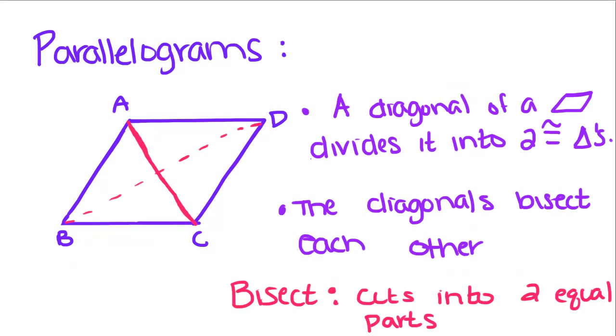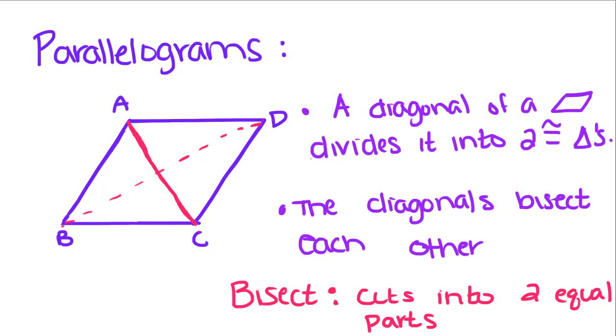So now what we're going to talk about is diagonals of parallelograms. A diagonal of a parallelogram, which is drawn through opposite angles, divides the parallelogram into two equal triangles.